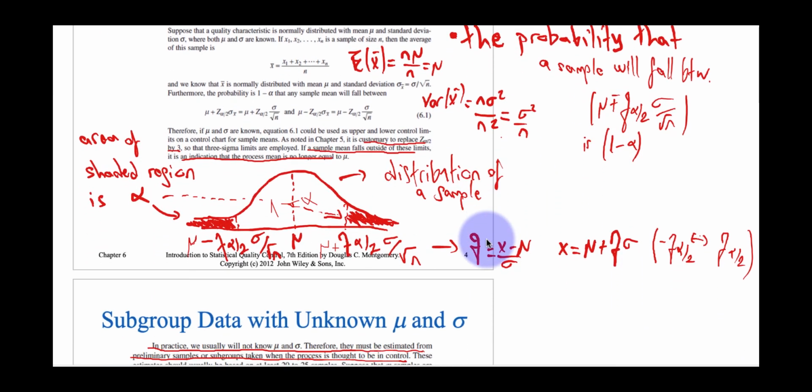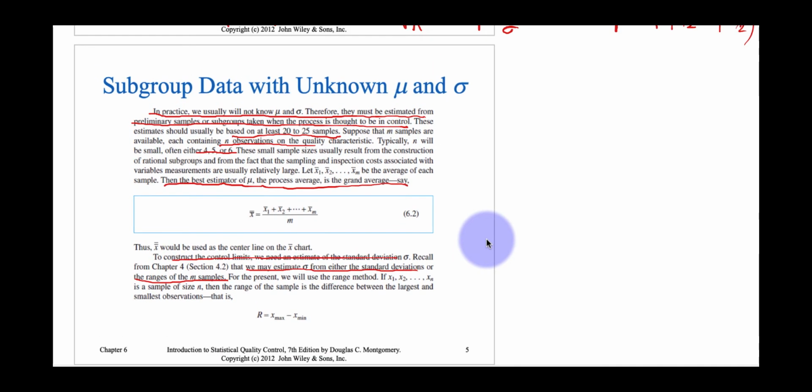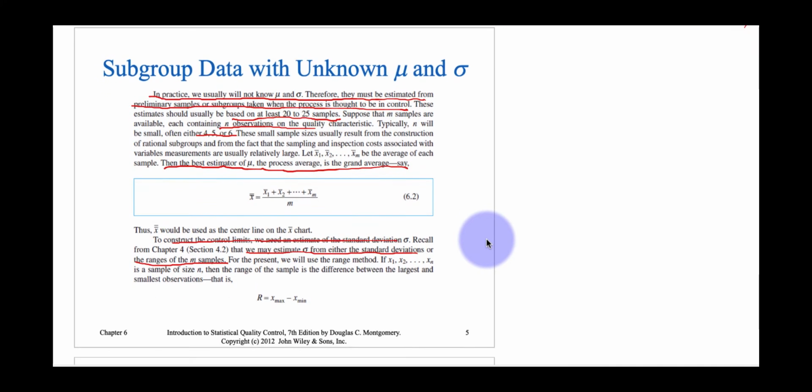So let's continue. If we do not know the mean and standard deviation, the mu and the sigma, we can estimate them. To estimate them, we are going to use the averages, and we are going to take some samples from the random variable we have here. This is the quality characteristic actually.